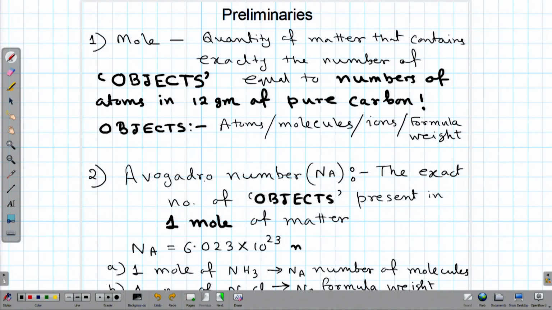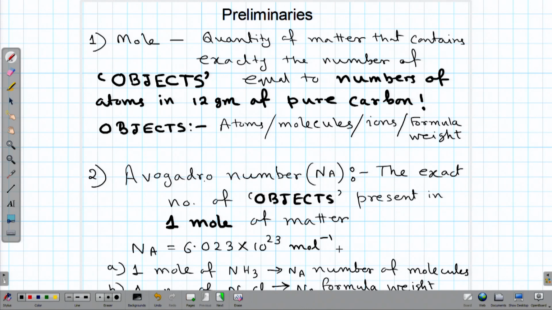Now, Avogadro number is not a pure number, as we might see. This is the number of atoms or molecules or ions per mole. So, there is a unit associated with it.